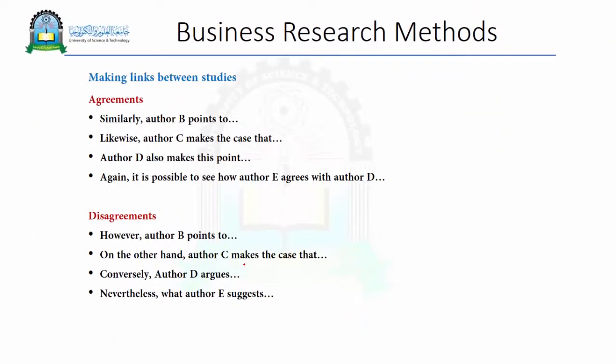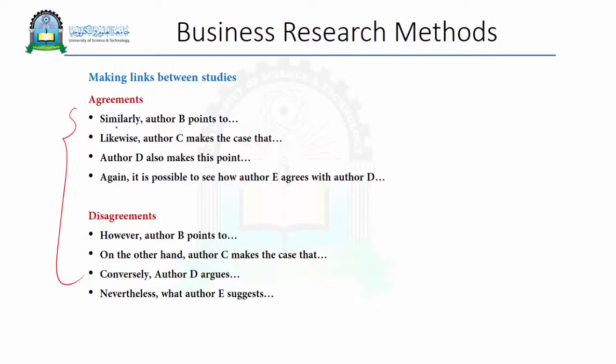To make links between studies, there are a lot of links. This is something related to the language and how to write and how to make the writing cohesive and coherent. So when you review and with the critiques, you need to talk about agreements and disagreements.